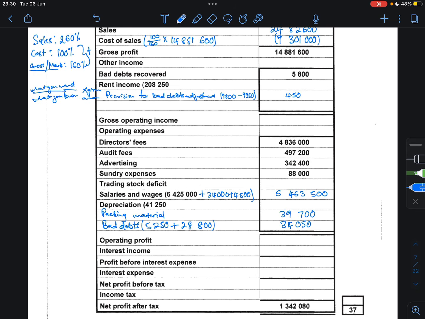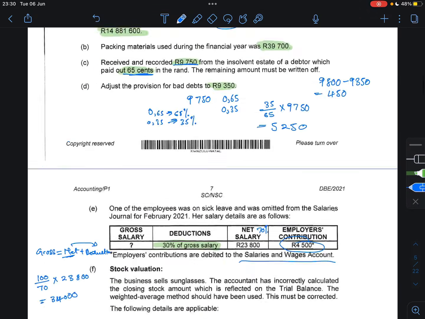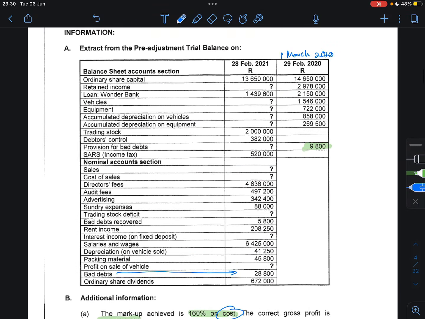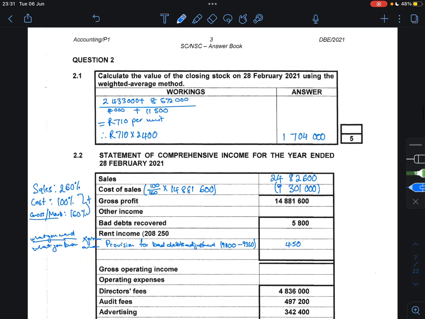I am saying this because remember we have dealt with trading stock. So for trading stock deficit, we are given an amount here which says we had stock worth 2 million. But remember, when we calculated stock here, what did we have? We had 1,704,000.